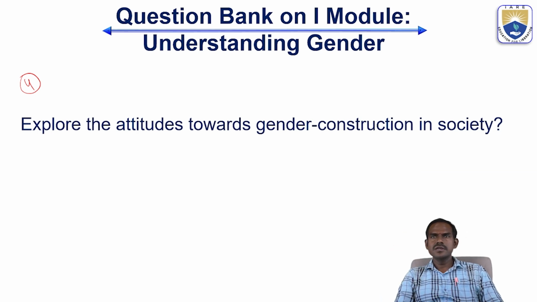So that is how gender construction is created in the society, and these are the attitudes towards gender construction. The way you are acting in the society and the records you are getting in the society will be considered as gender construction.